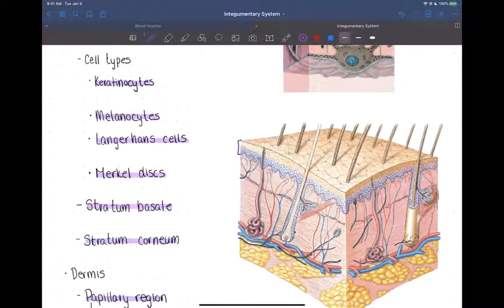These are cells that make keratin, and keratin is a protein. Its function is to protect and to waterproof.